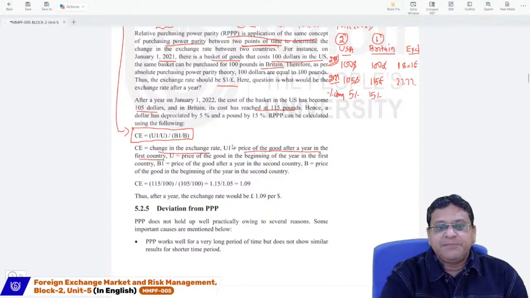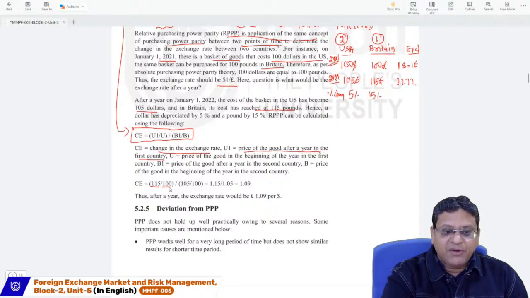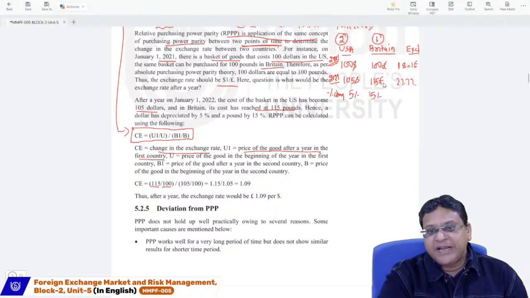In the first country, the price of goods after 1 year is 115. So we take 115 divided by U. What is U? U is the price of goods at the beginning of the year in the first country, where inflation rate is higher. So that is 100. So 115 by 100 is the figure.